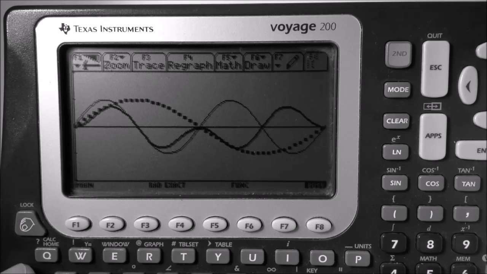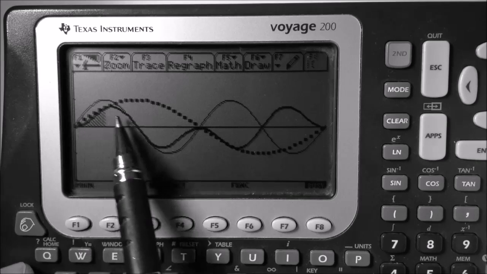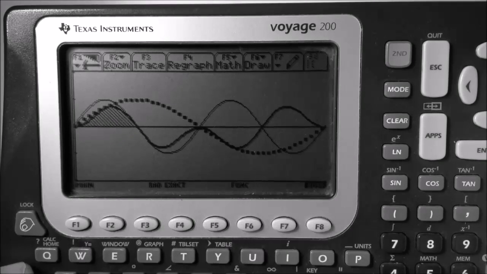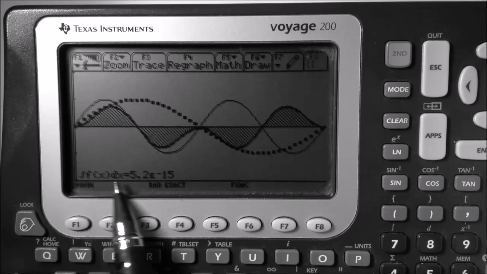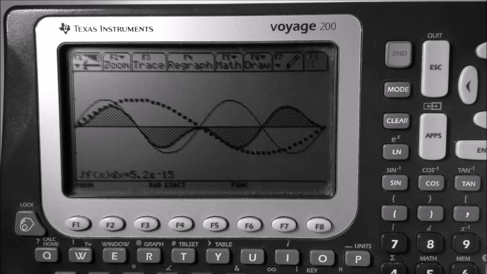We can see that the area is obviously 0, since the result of multiplication fluctuates around the x-axis. The result of integration is 5.2 times 10 to the minus 15, so it's effectively 0. This is due to the use of numerical integration.